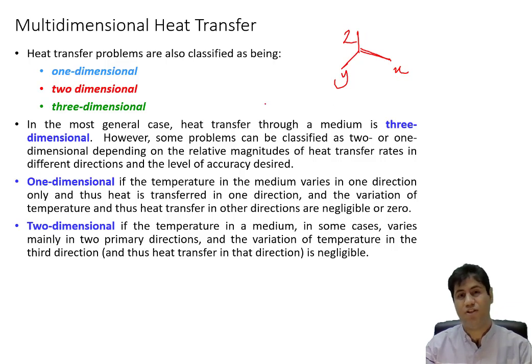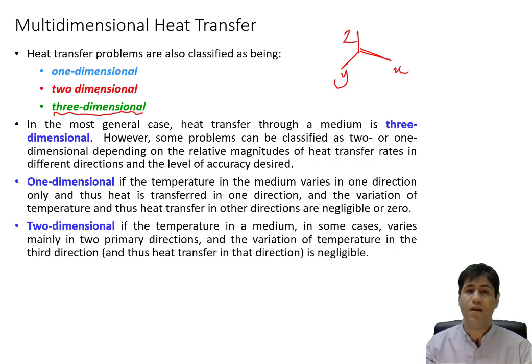But in some special cases, when the heat transfer in one or two directions is small compared to the other direction, then we can ignore them. So generally, we have three-dimensional heat transfer.